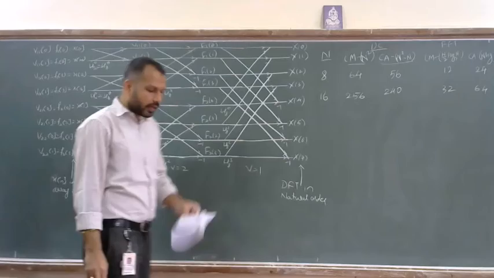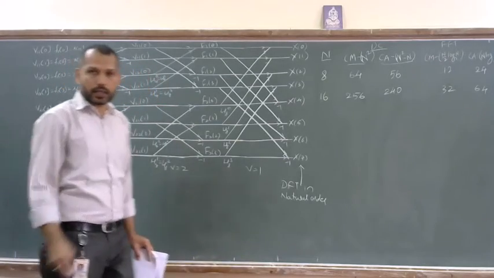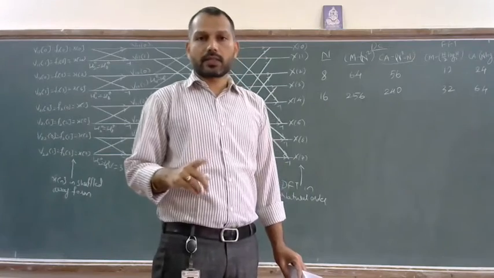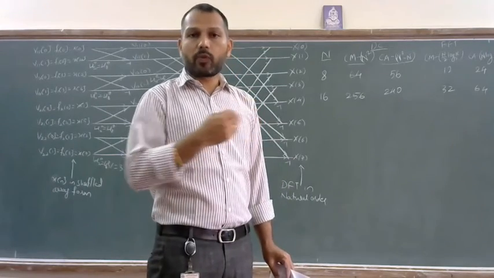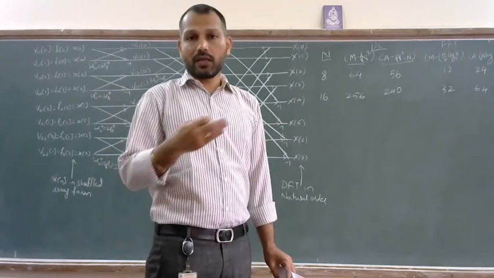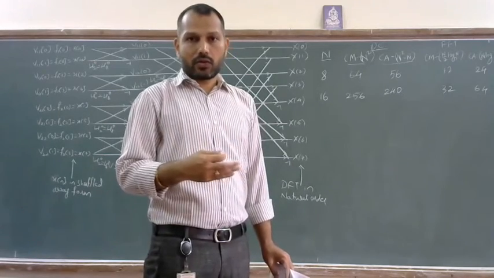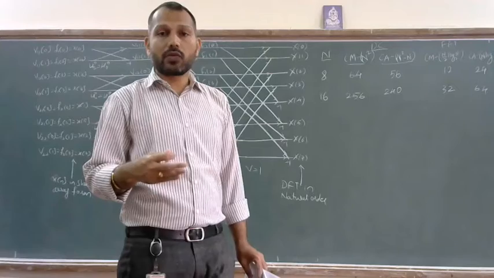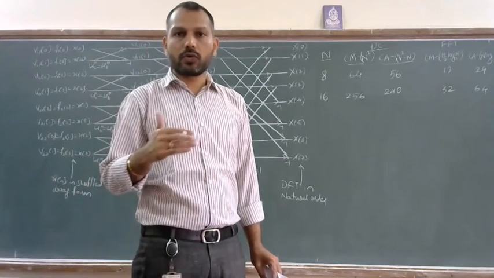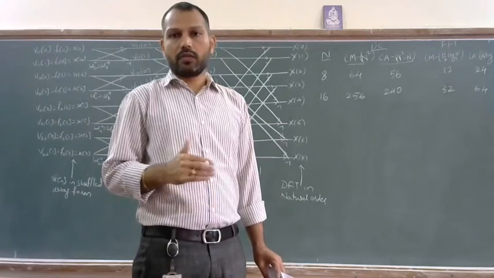So the improvement rate will be 8 times. Therefore, there was one more point in the advantages. As the number of DFT points increases, the computational complexity, or the time taken to compute the N-point DFT, reduces in the fast Fourier transform.